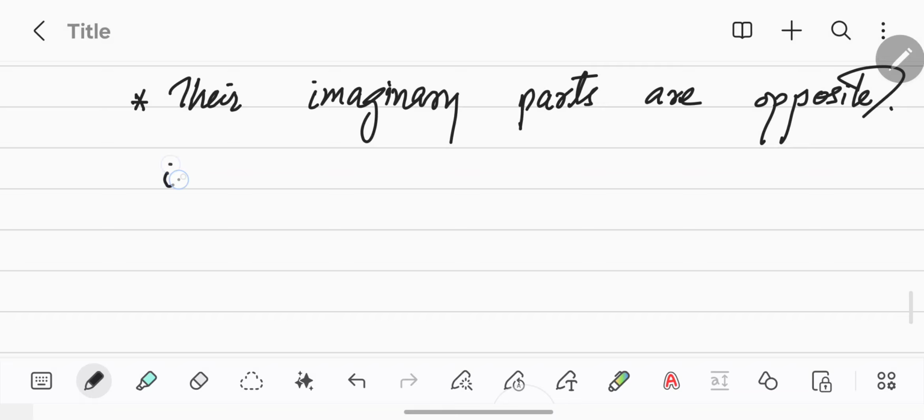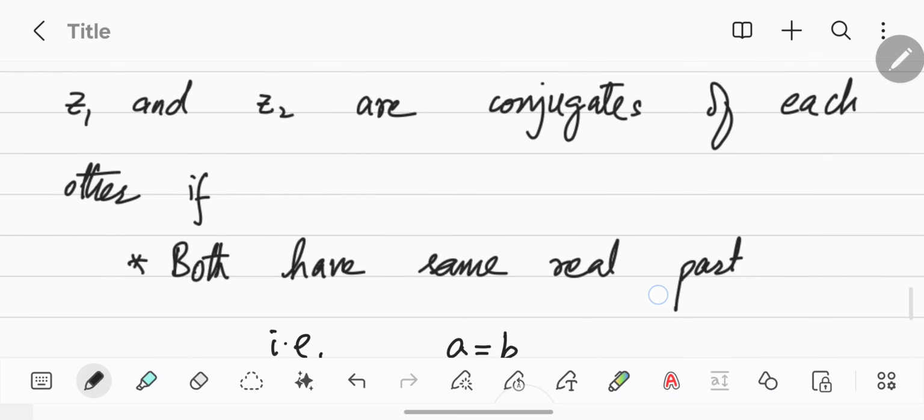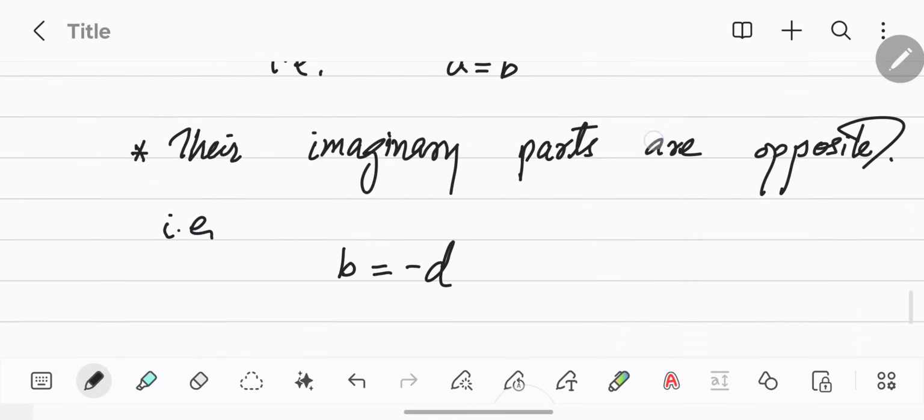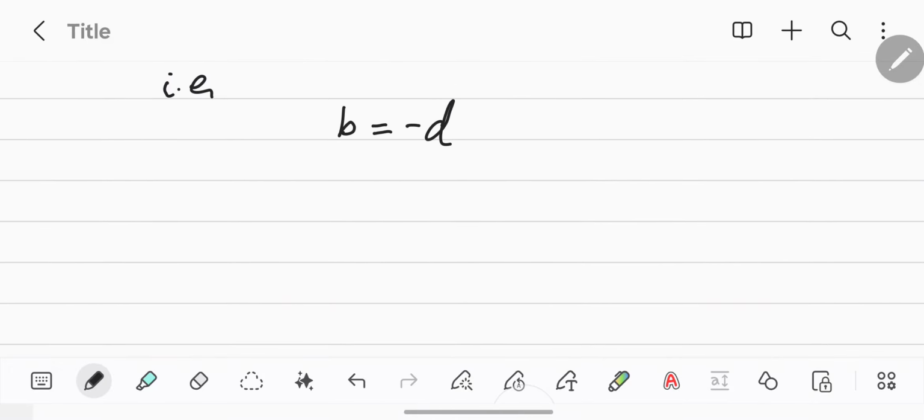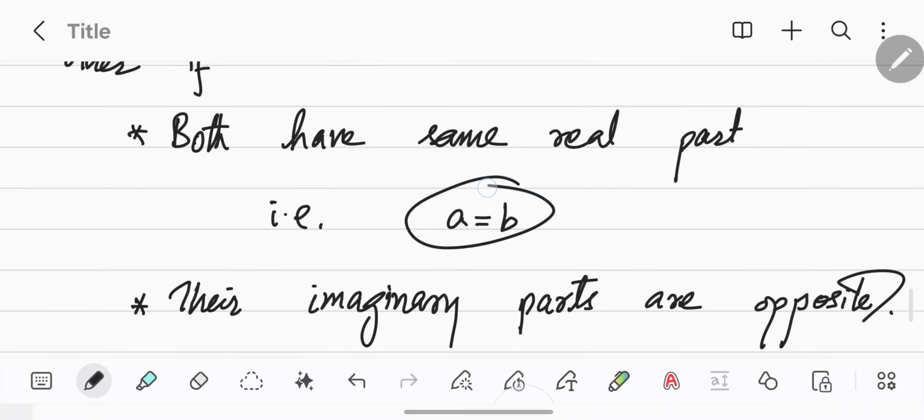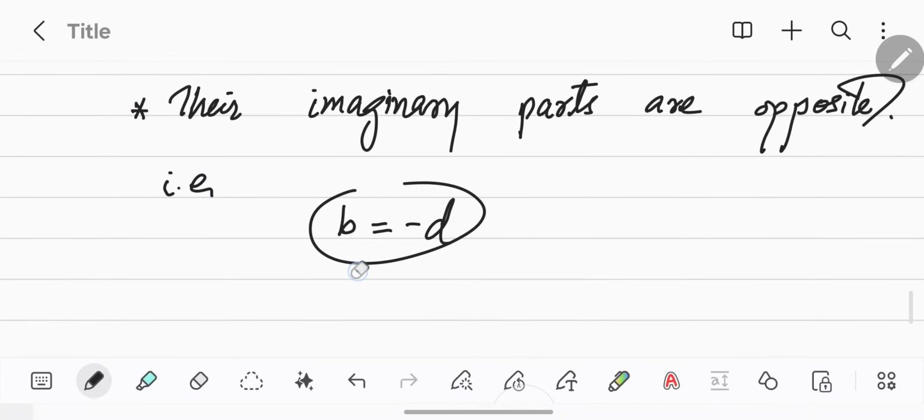This means b must be equal to minus d. So if this is the case, then we say that both numbers are conjugates of each other. In other words, if you have a single number z, you can find its conjugate by using these two conditions.